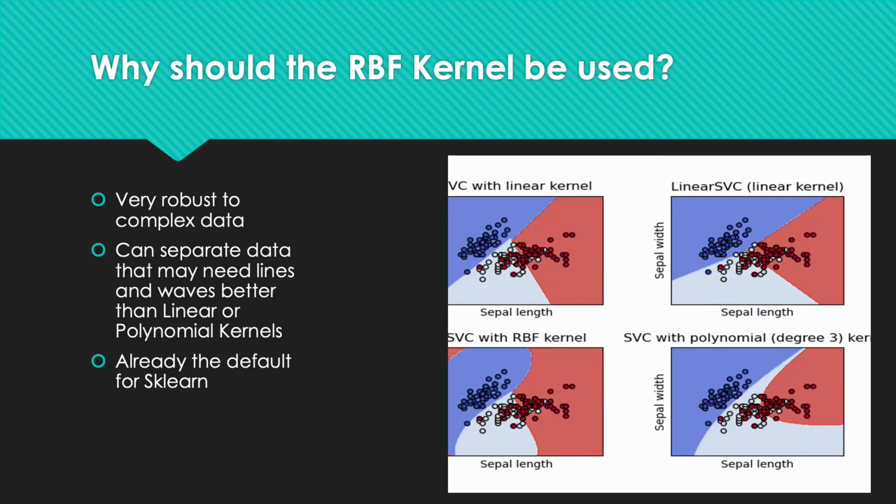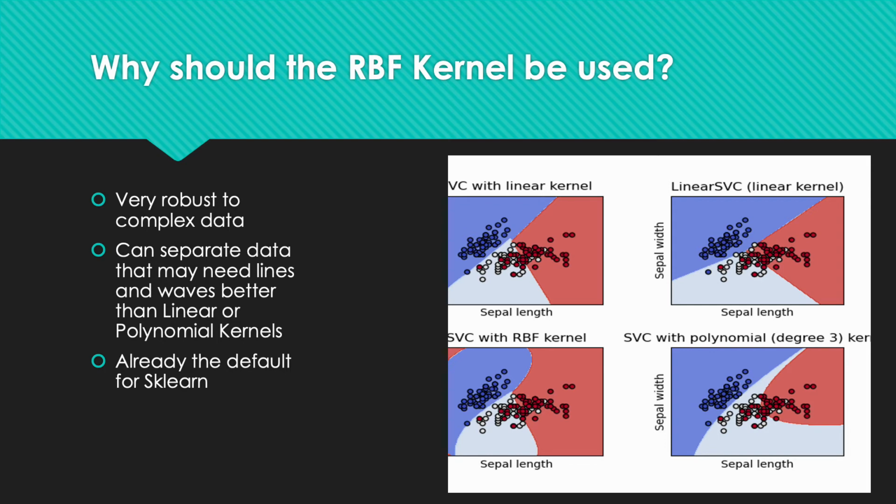You might be wondering why or when we should use the RBF kernel, especially with other kernels available. For datasets that can be easily separated by simple hyperplanes such as straight lines or parabolas, the RBF kernel may not be our first kernel choice. The simpler problems can be more quickly answered by simpler kernels like linear or polynomial.